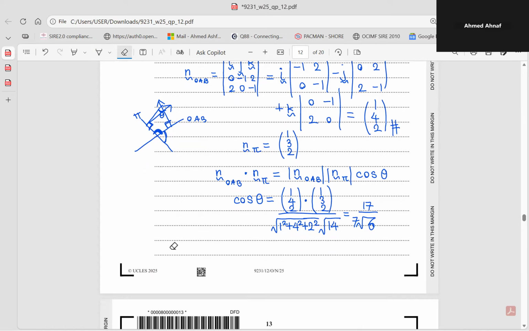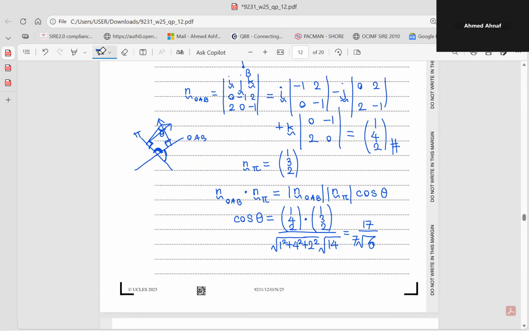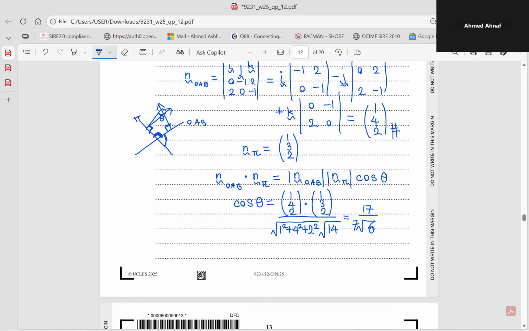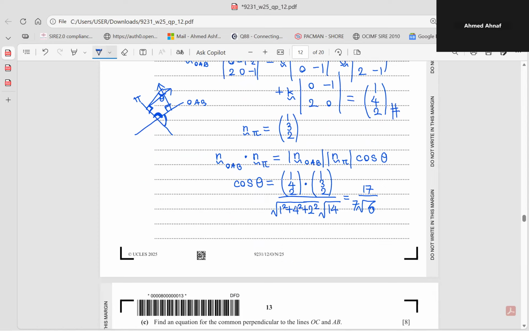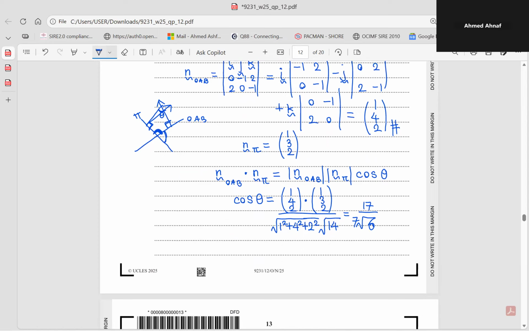I should not label it. Could be an obtuse angle. You may never know. Yeah, I feel like this is going to be an obtuse angle since the value for cosine theta in here is positive. Yeah, so the acute angle is probably this.